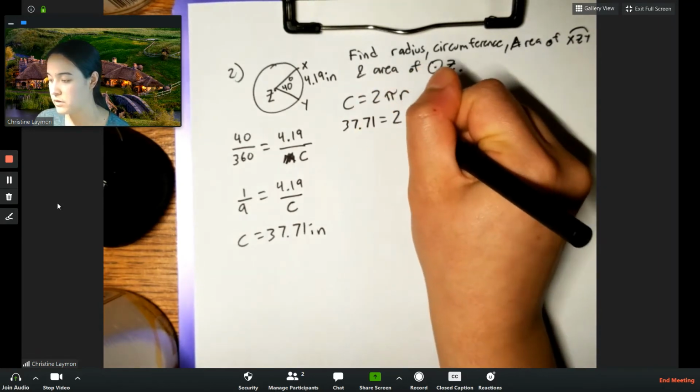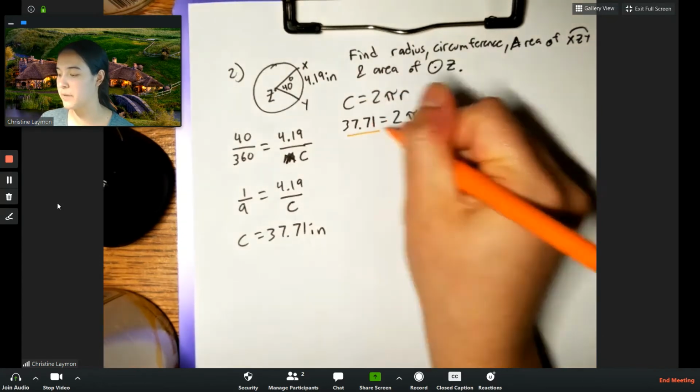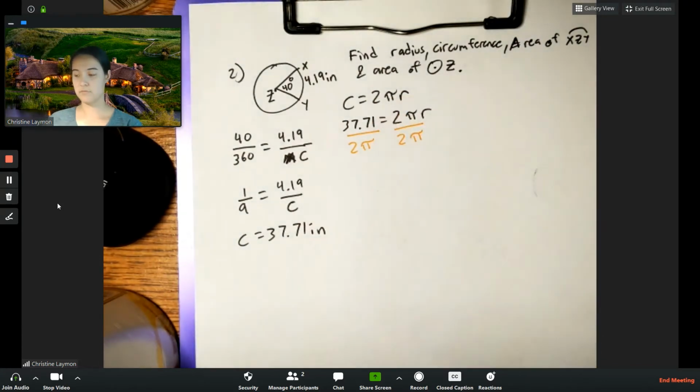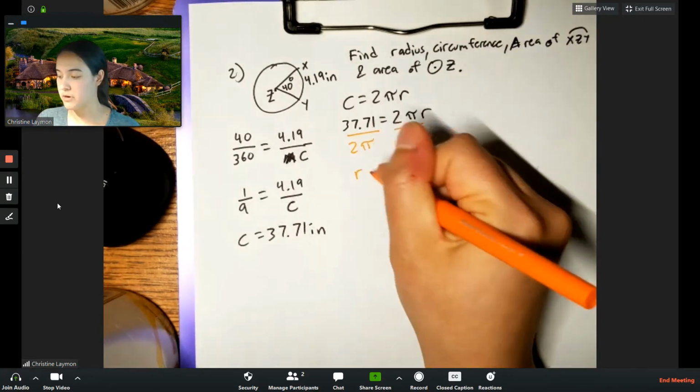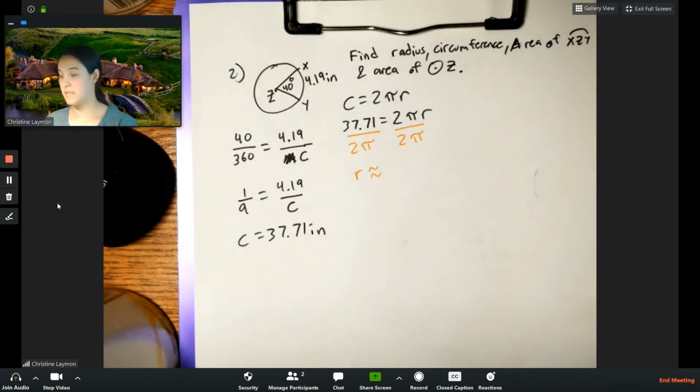If my job is to get the radius by itself, I'm going to have to divide both sides by 2 pi. So r will be equal to this, which is approximately, now I've got to put it in a calculator and see what I get.